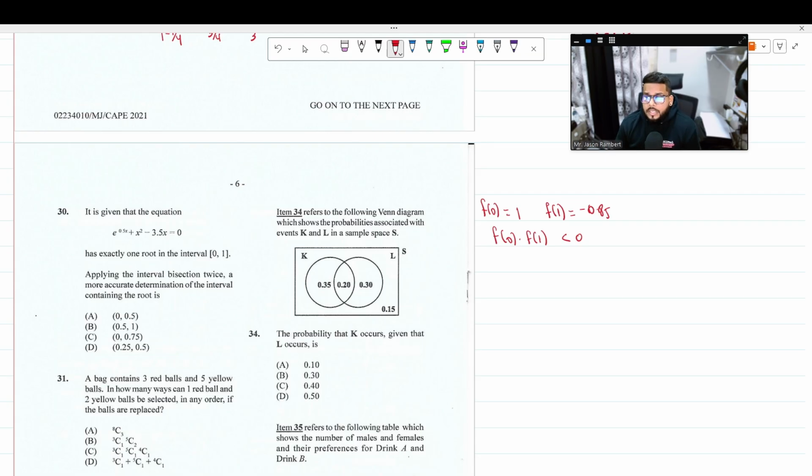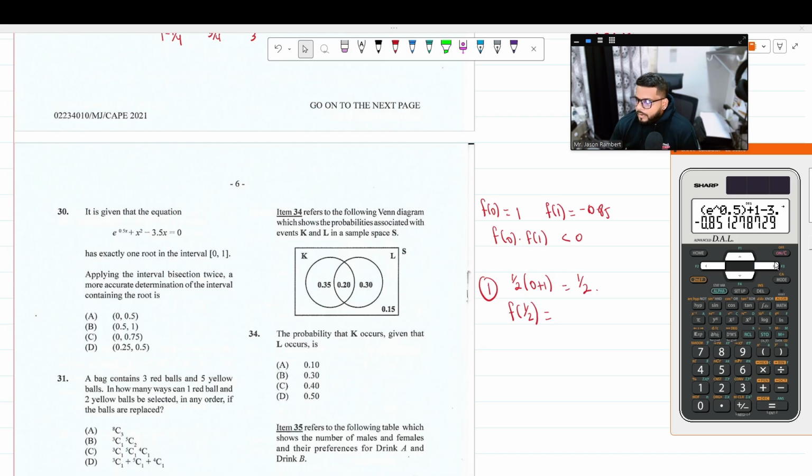Let's perform one interval bisection. So label it. The first interval bisection is going to be 1/2 of 0 plus 1, which is a half. Let me see what f of a half is. Alright, so f of a half is going to be e to the power of a half multiplied by a half, which is a quarter.